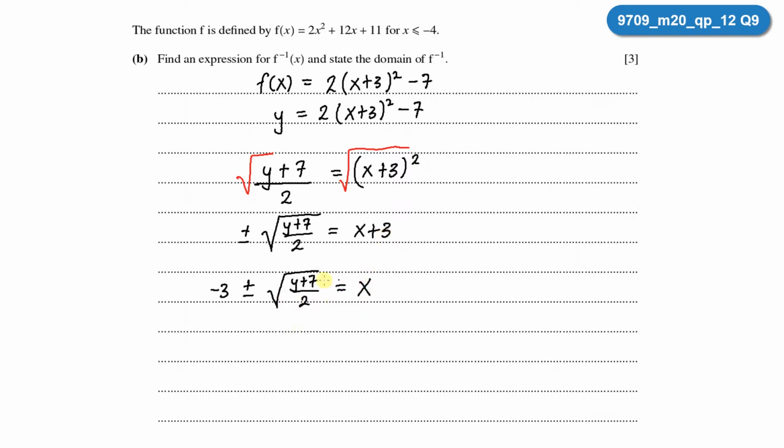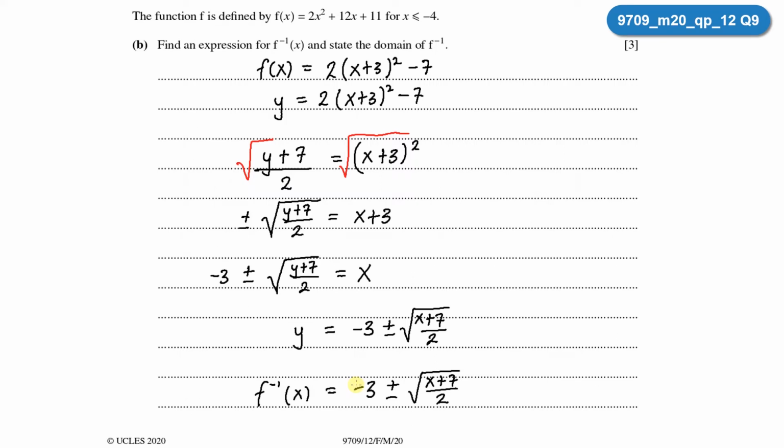Then I'll interchange the variables. So y is equal to minus 3 plus or minus the square root of x plus 7 over 2. So this gives us the inverse now. Inverse is minus 3 plus or minus the square root of x plus 7 all over 2.